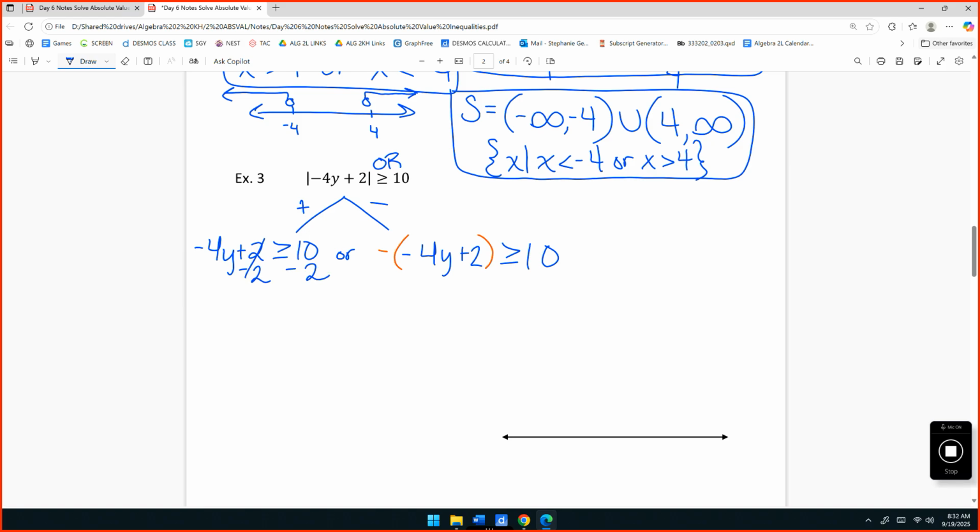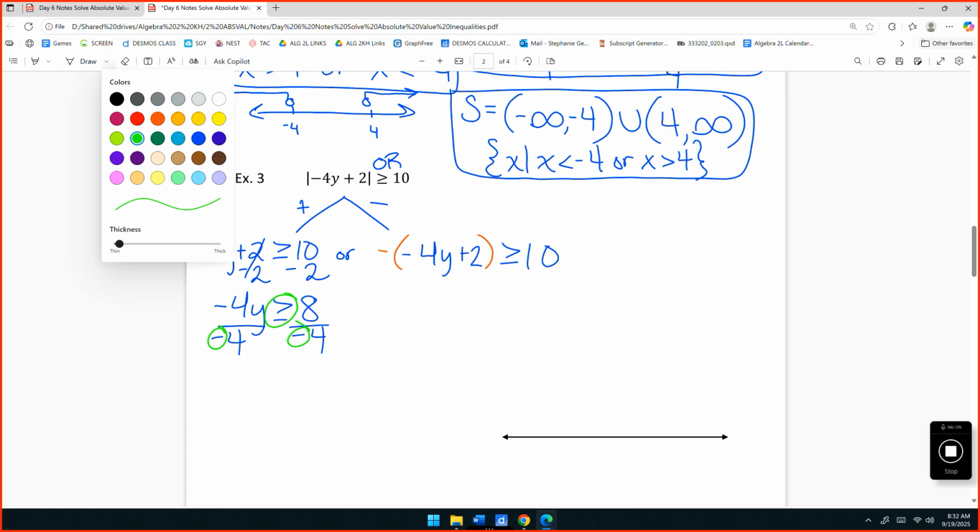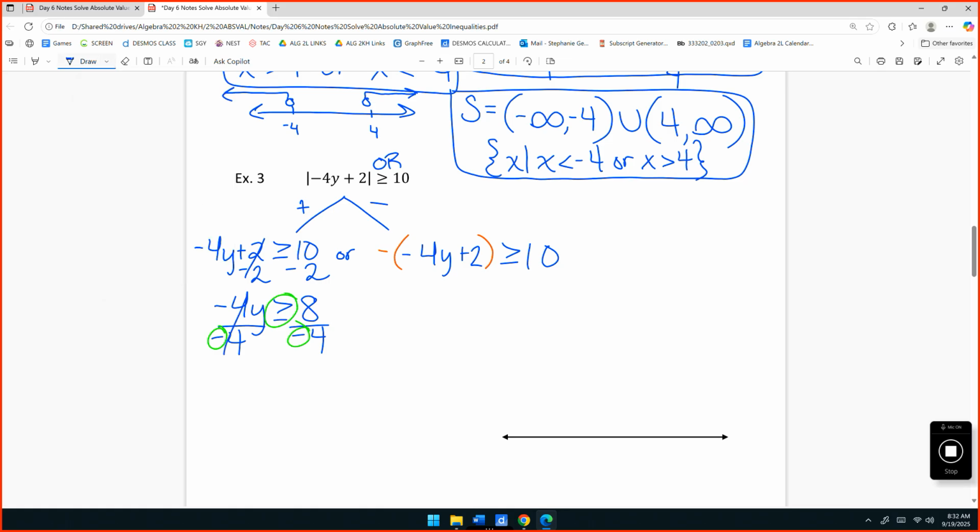Going back to the first one, minus 2. So we have negative 4y is greater than or equal to 8. Oh, and this one, we have a sign flip on the left side, right? Because we have to divide by negative 4. So that inequality symbol is going to flip around. So we have y is less than or equal to negative 2.